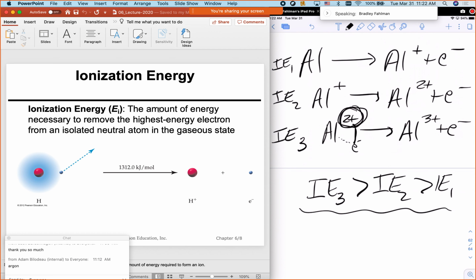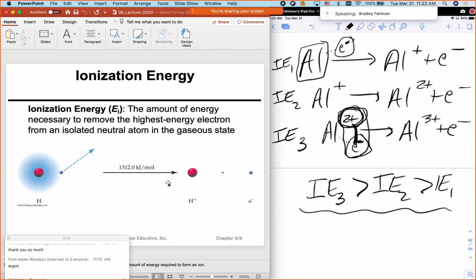So you've got this mutual attraction, opposite charges attract, right? And so you're trying to pull an electron, something negatively charged, from a positive ion. And so that's going to take more energy than in the very first ionization energy, where you're pulling an electron away from something that's neutral. So it doesn't take as much energy.